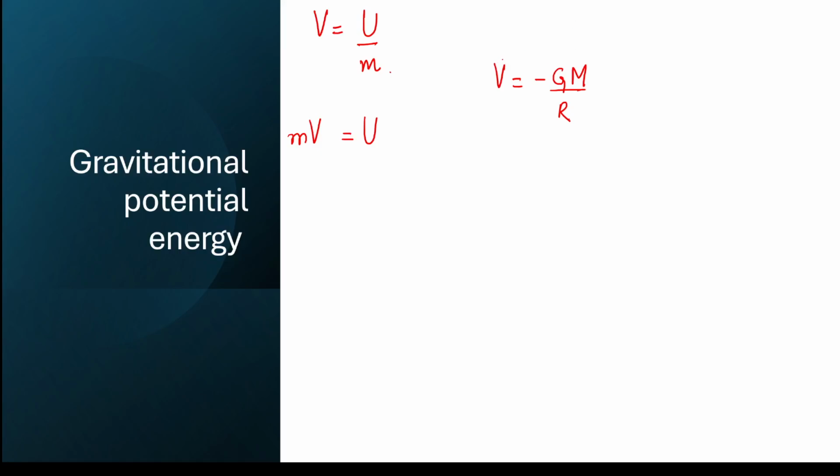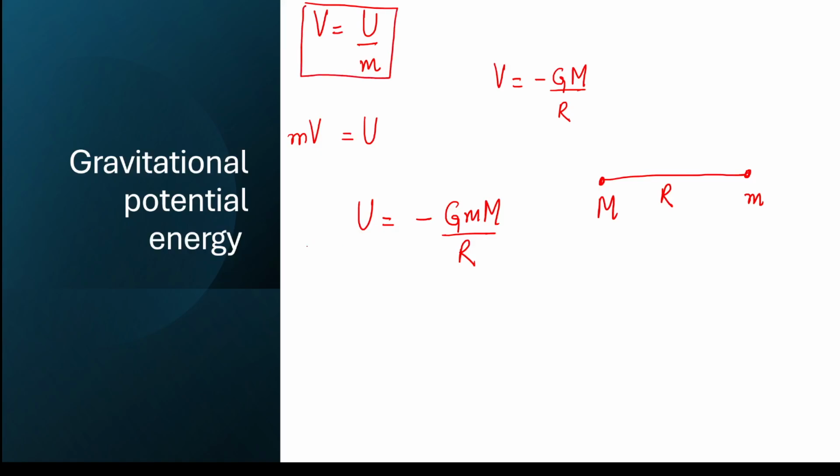The mass which is in the equation for V. So my potential energy then becomes minus G small m capital M divided by r. So any two masses. The field is of capital M. If you keep another mass here, the distance between them is r. The potential energy is minus G m M over r. You will be given this equation, but you need to come up with this on your own.